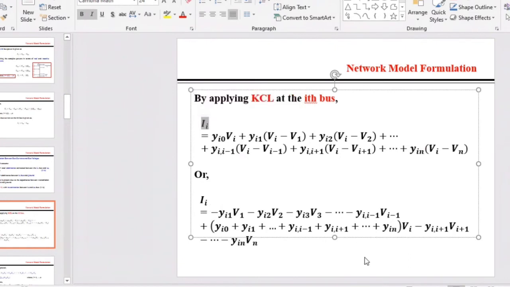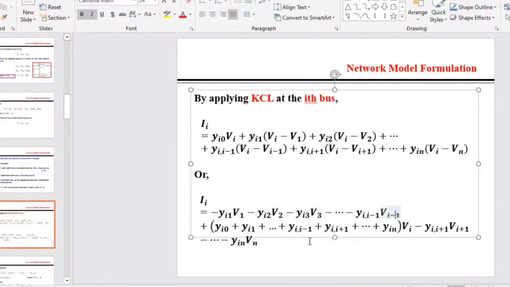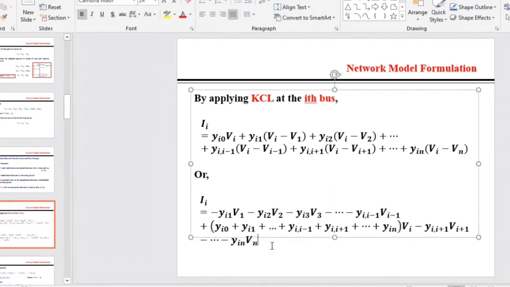And we can manipulate this equation, writing it in terms of V1, V2, because they are mixed here, so we separate them. V1, V2, V3, V4, and Vn is the last voltage, because we have n number of buses, so we will have V1, V2, V3, V4, V5 until we reach Vn.